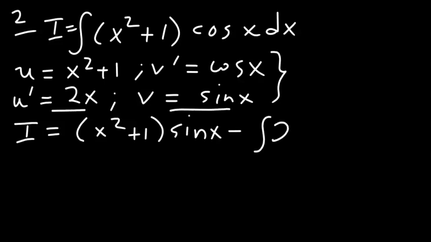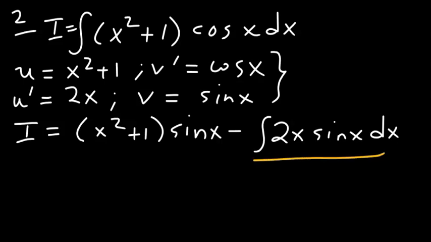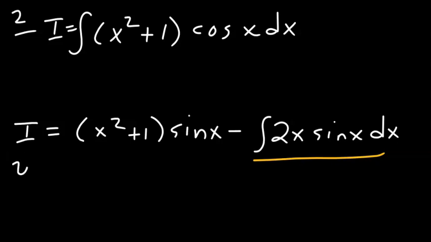So u prime is 2x, v is sine x, dx. And now we have to apply the technique of integration by parts one more time to this term. And let's just do that. For that we need a new set of u and v. So I'm going to take the new u to be 2x, so that means u prime is just 2.